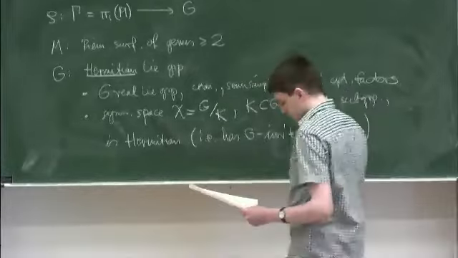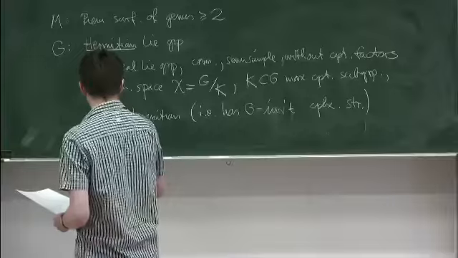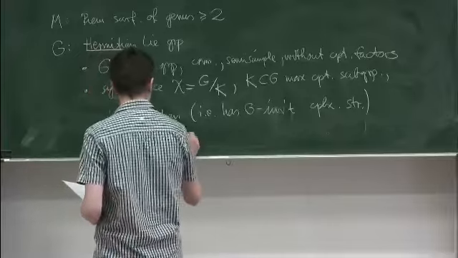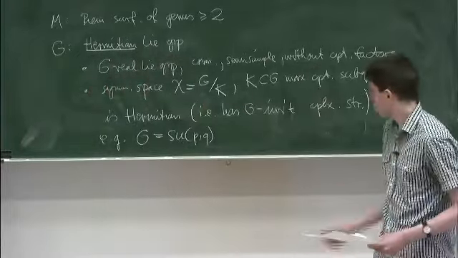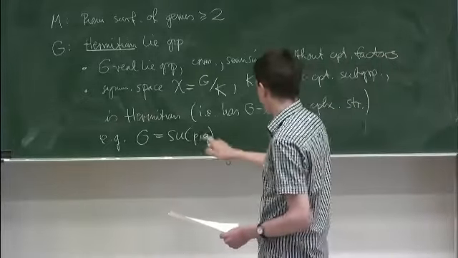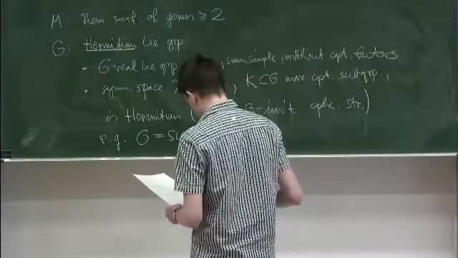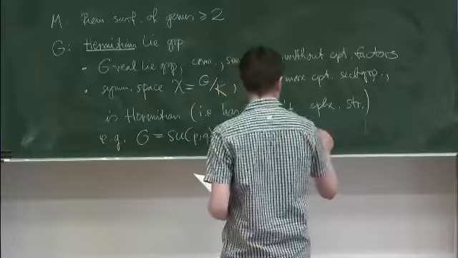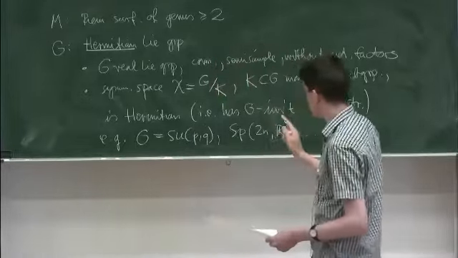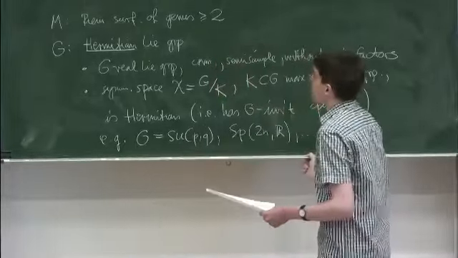And typical examples are the groups SU(p,q), fixing a quadratic form of signature p and q, and the symplectic group. And there are some more. And so the main focus in this talk will be on this group here.